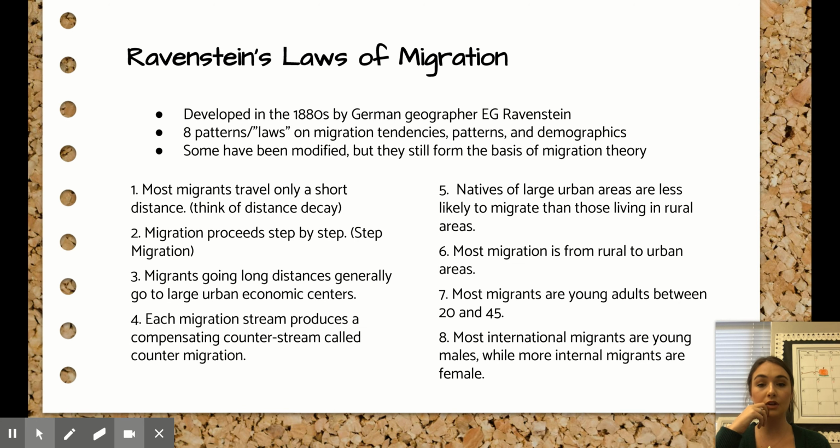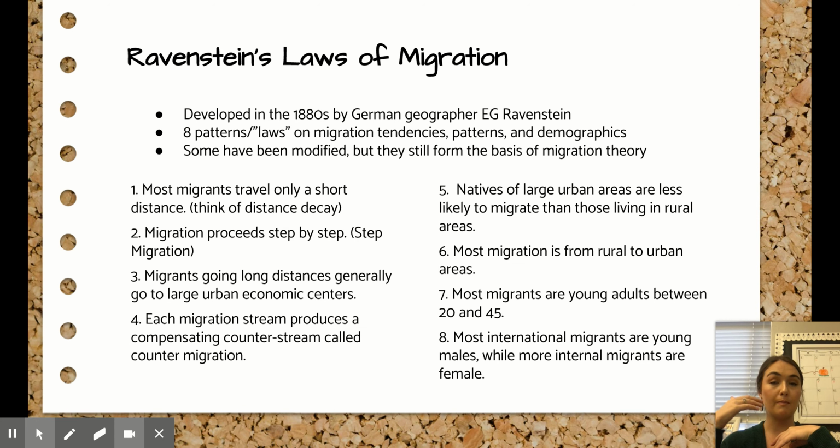And then the eighth law, most international migrants are young males, while more internal migrants are females. And the reason for that is that most international migrants are traveling for work, and men are more willing to do that. If you did the Qatar or the Bahrain population pyramid, when we annotated them, you saw this pattern.